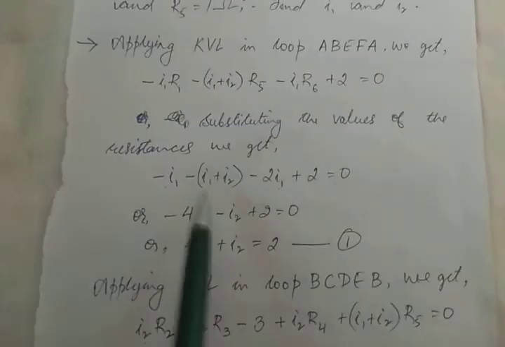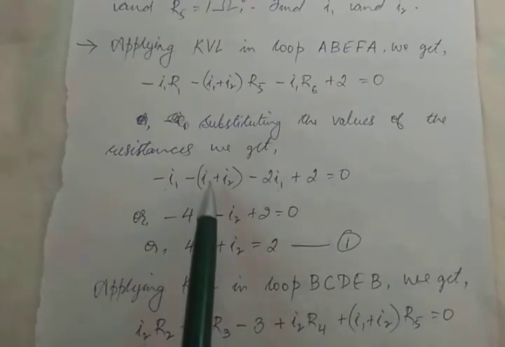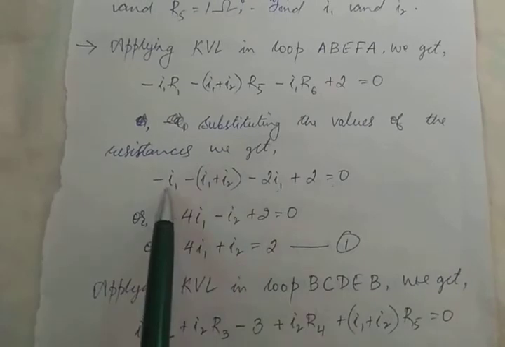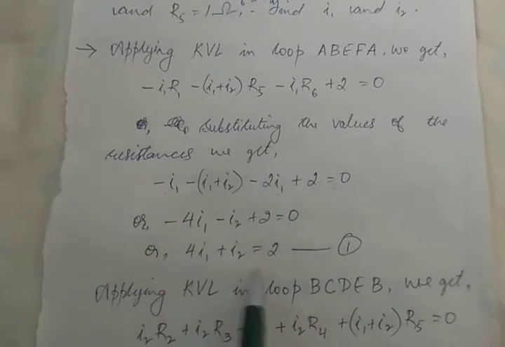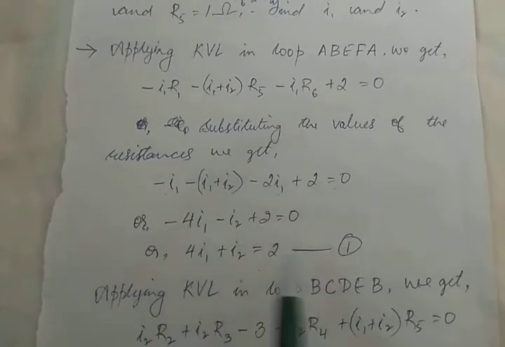Then simply rearranging, adding the like terms, this is minus 4 I1, then minus into plus is minus I2, plus 2 is 0. Rearranging, 4 I1 plus I2 is 2. This is my equation number 1, which we get from the lower loop.